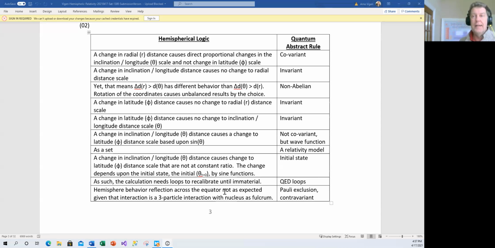They're sort of locked in with a nucleus as a fulcrum. And so they are not covariant, they are contravariant. Again, these are specific words, and we're going to go through and show how the hemisphere relativity does this. And you can apply specific formulas easily to understand this without having to go into the abstract 10 equations of the full general relativity of Einstein.